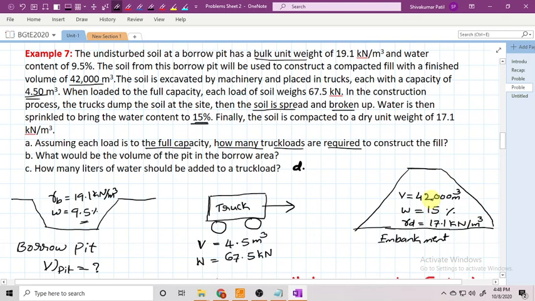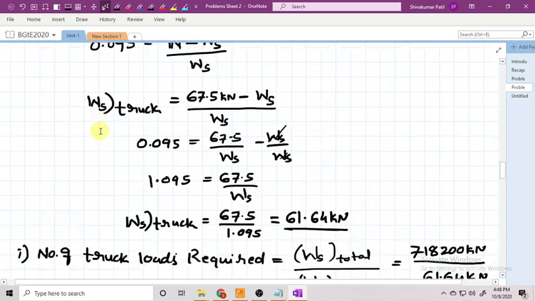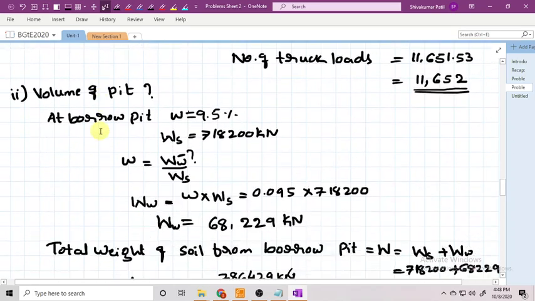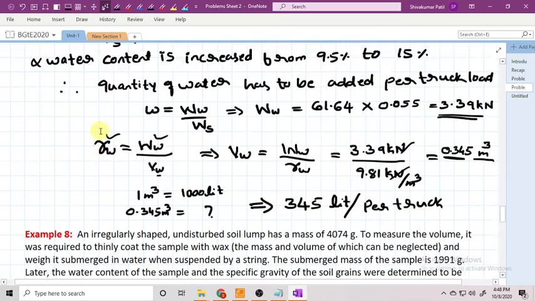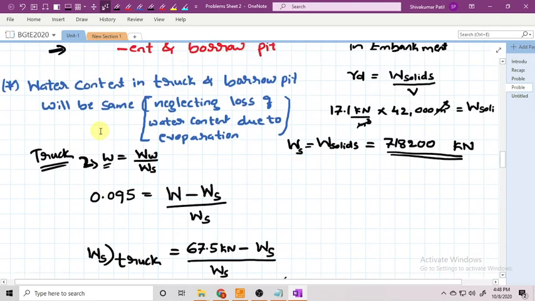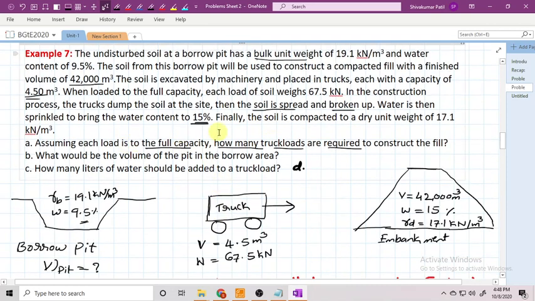So this is a very practical problem, very interesting problem. Even though it is very lengthy, don't expect this kind of big problem in your VTU exam. I solved this problem just to appreciate how these phase relations will be used in your field problem.